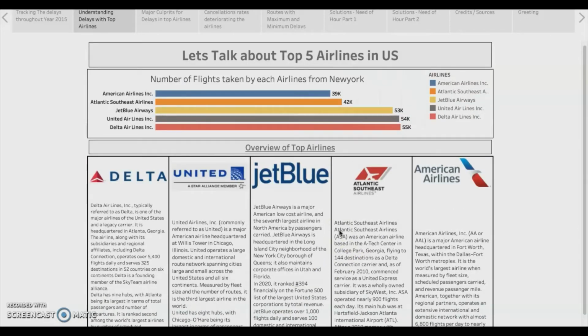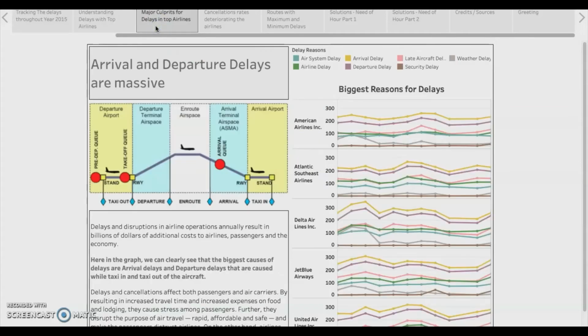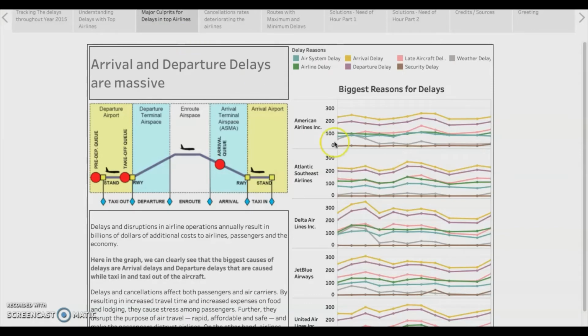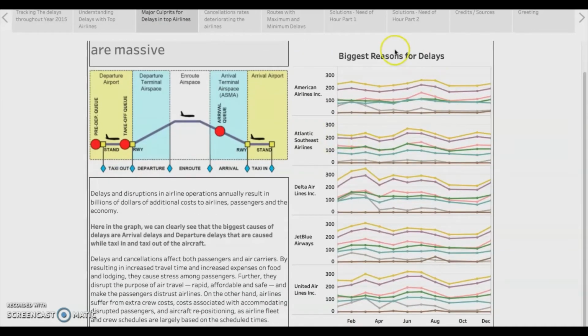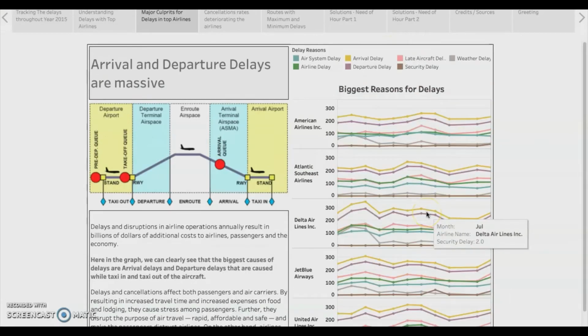Coming to the next part, which is one of the major parts, we have to understand what the major delays within these airlines are. Here is a great chart where we can see, on a monthly basis, the frequency of delays of different categories.